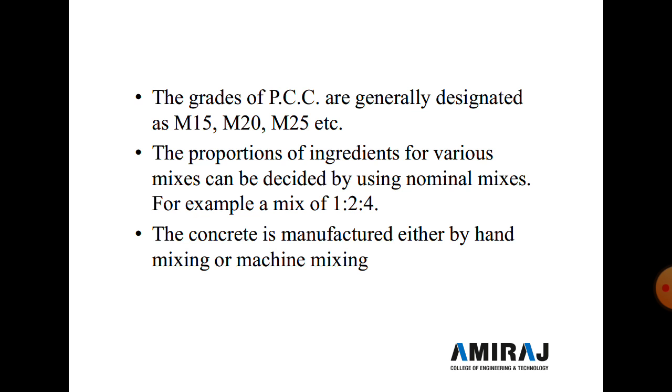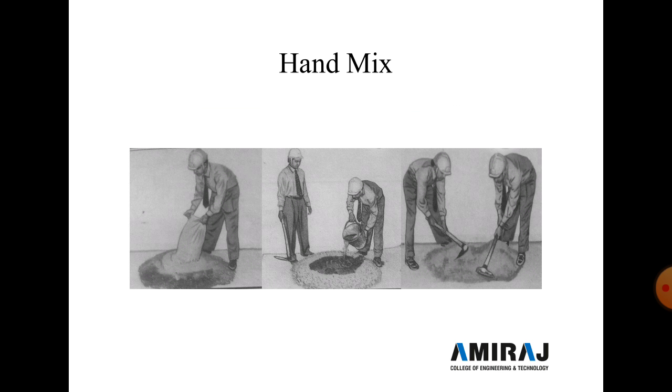So in the next slide we discuss hand mix, that is how to mix the materials, or how to prepare concrete by hand mix. First of all we mix the cement and sand in a clean, dry form. After mixing the cement and sand, we throw all the material onto the aggregate, meaning coarse aggregate, and mix the coarse aggregate, cement and sand very well in dry form.